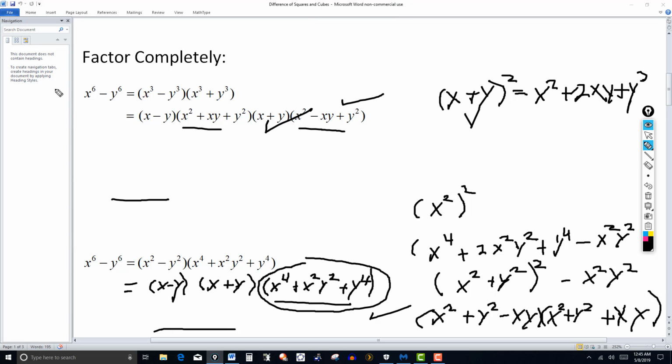Okay, so like in this one right here, this x to the 6 minus y to the 6 is a difference of squares and difference of cubes. So first use the difference of squares method to get this answer, and then these right here turn out to be difference of cubes and sum of cubes. Then apply the formula for difference of cubes, and you don't have to go through this method here of completing the square.